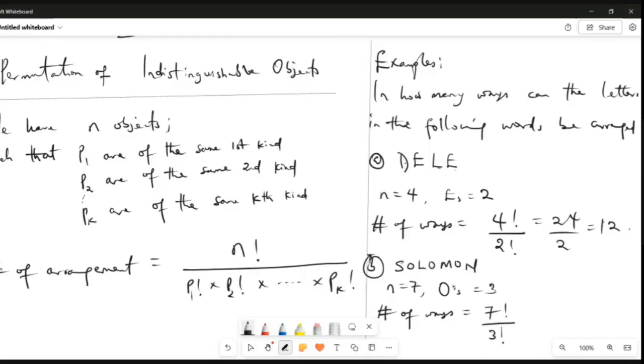If there is more than 1 item that is indistinguishable, you bring them down. You still multiply the 3 factorial by the number of another item that is also indistinguishable. So this one is going to be 7 times 6 times 5 times 4 times 3 factorial over 3 factorial.